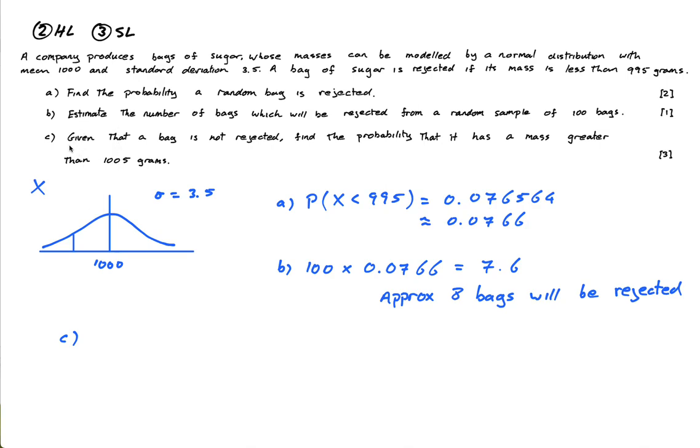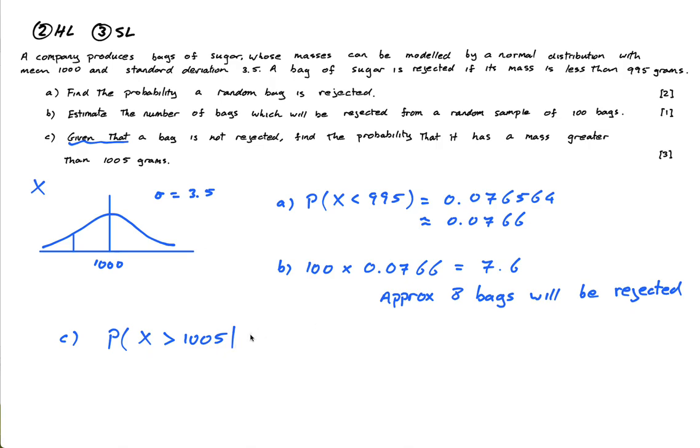Okay, and then finally part C. Given that, guys, that sounds to me like a conditional probability. So given that a bag is not rejected, find the probability that it has a mass greater than 1,005 grams. So I want the probability that X is bigger than 1,005, because that's what it says. Given that means I put that here.